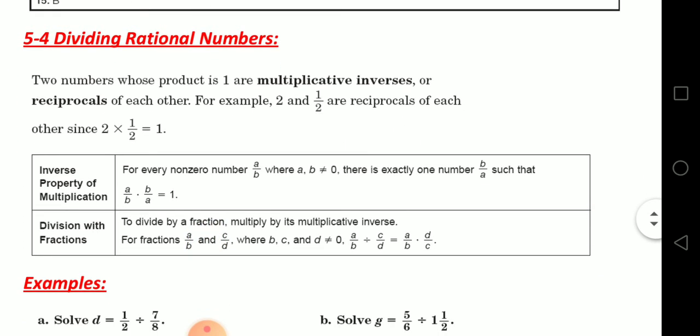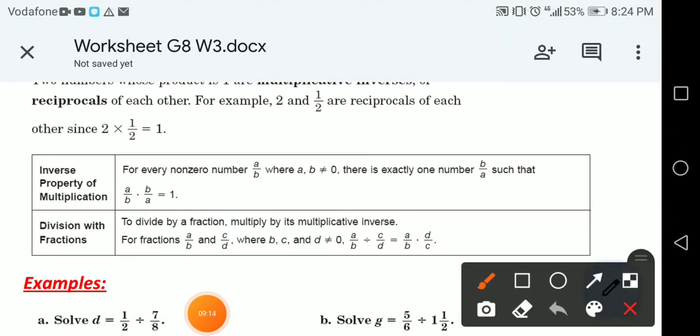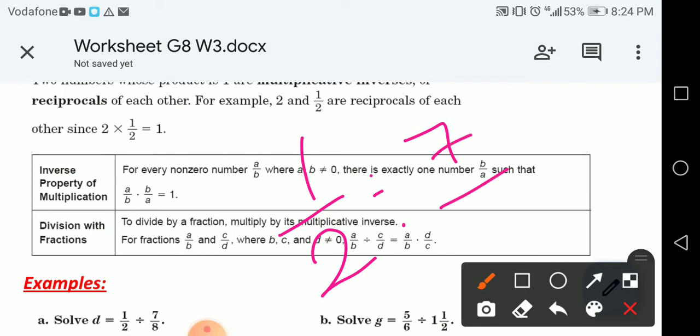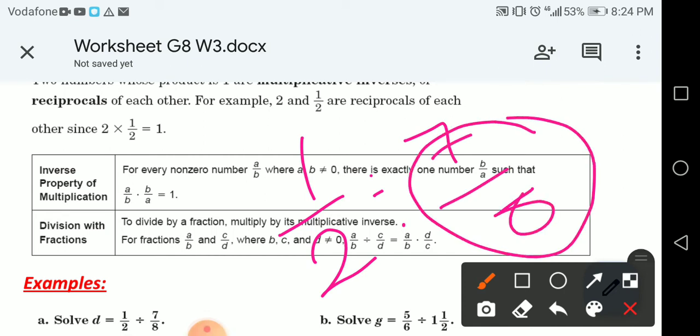What about dividing? Dividing is the same, but I want to do something else. If I have a half divided by 7/8, what should I do here? I will take the reciprocal of 7/8. So I will change the divide into multiply and take the reciprocal of this fraction. It will be instead 8 over 7.